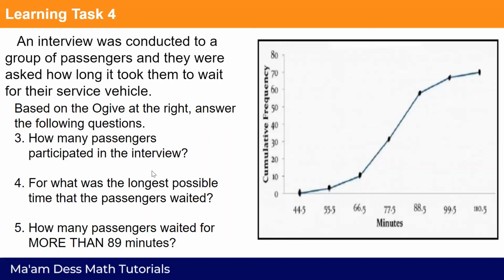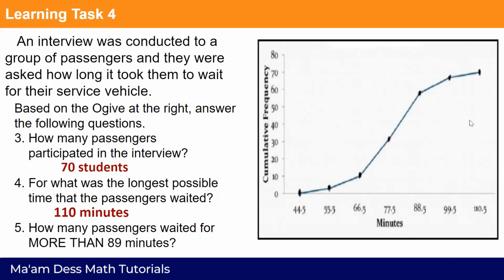Ilan ba yung nag-participate sa interview? So, 70 students. Number 4, what was the longest possible time that the passengers waited? Longest time daw that the passengers waited. So, 110 minutes. Kasi ito po, 110.5.